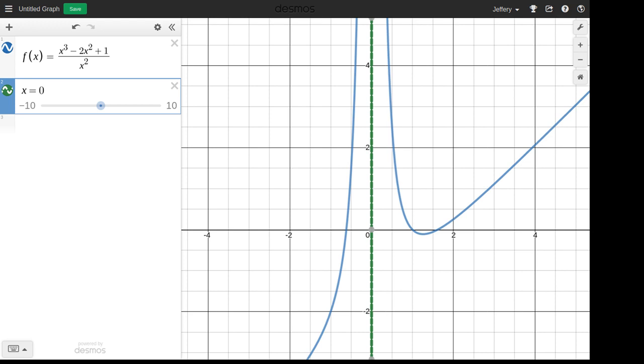Gets closer and closer to these, right? And there are three types. There are vertical asymptotes, which happen where the denominator would equal 0.